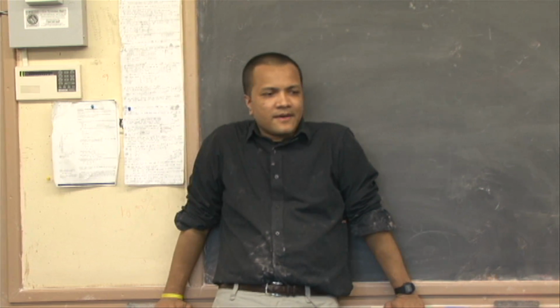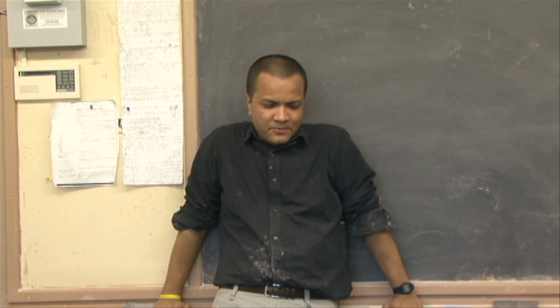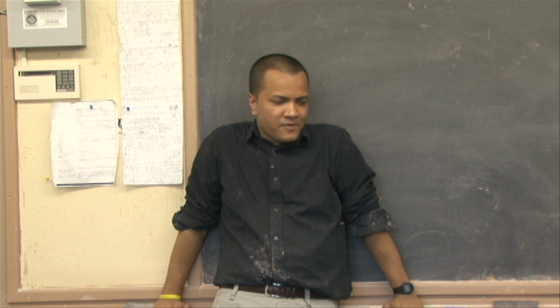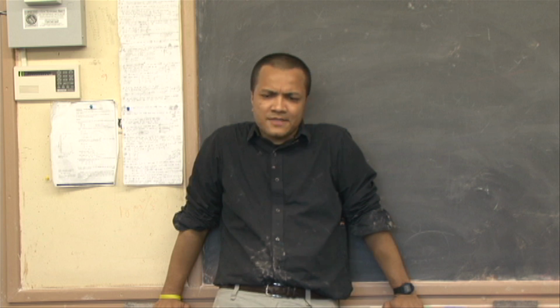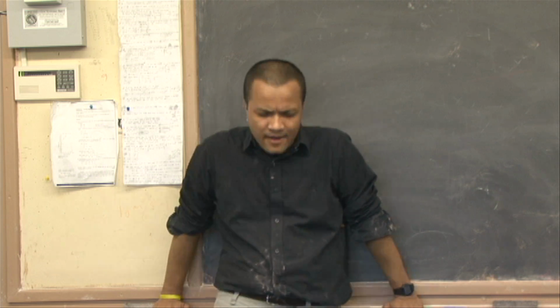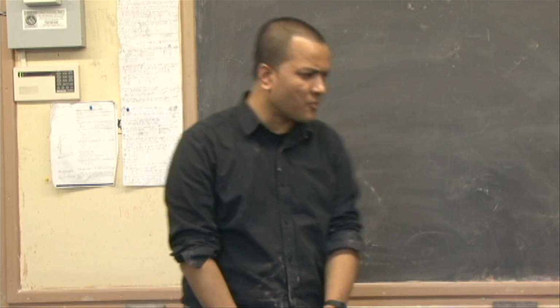All right, everyone, last time we went over the math review because math is so important. We have to have a sound understanding of math to understand physics. So this time we're going to pick up from where we left off.